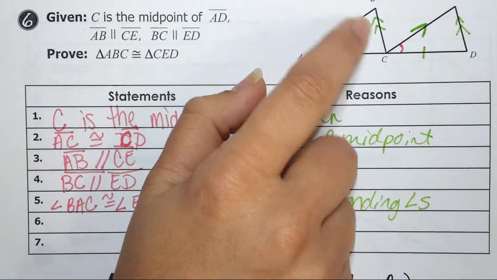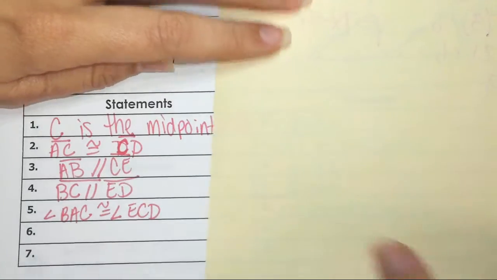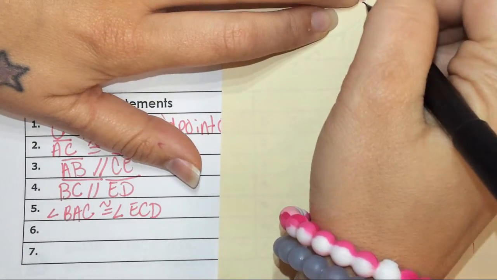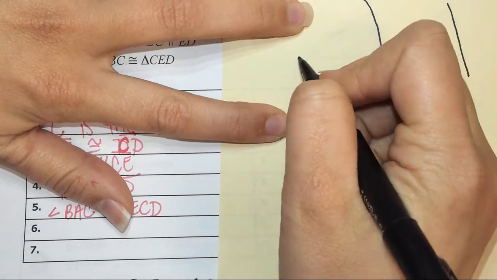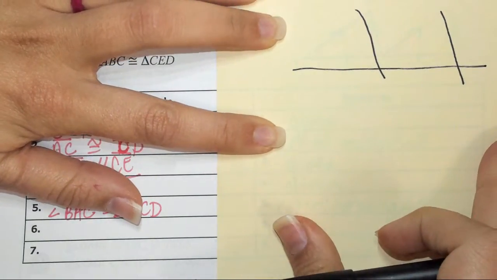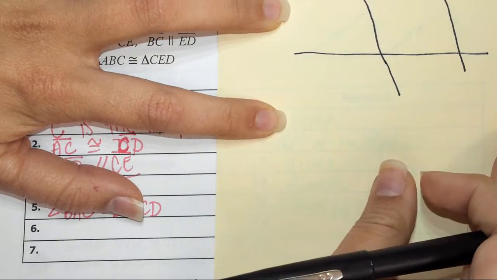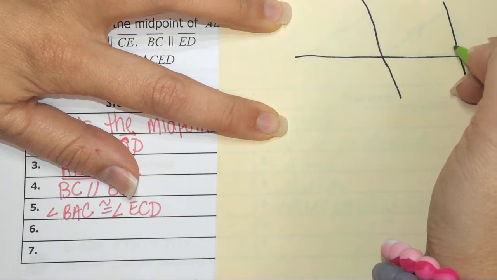Alright, now we have other parallel lines, correct? Now let's draw over those. They are here, and here, and here. Now, do we have any angles that could be congruent from those parallel lines that are maybe in the same position? Which one? Right here?